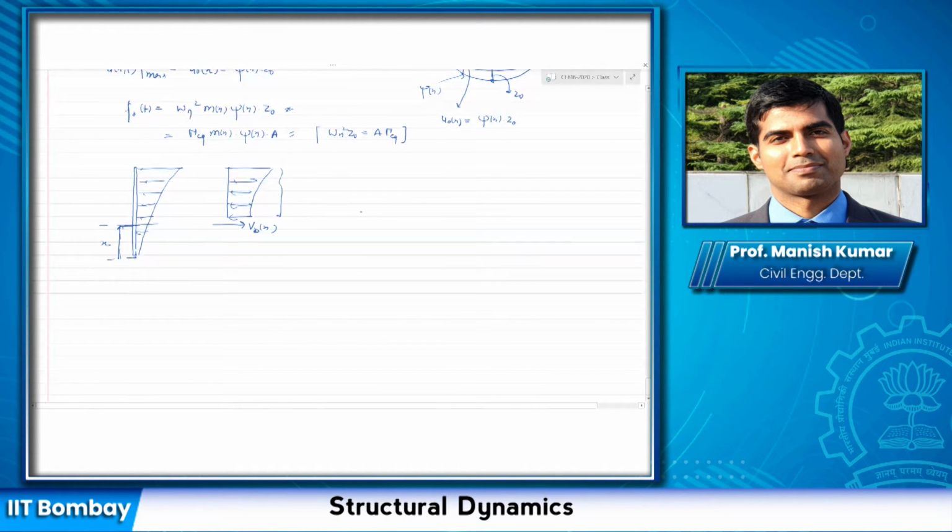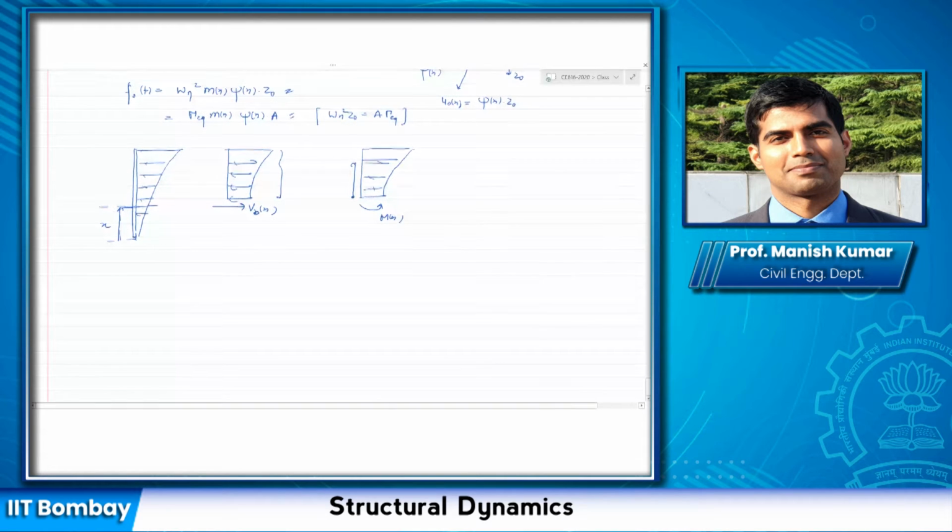I'm going to define a coordinate, let us say call it y, and I'm going to write down at this location what is my equivalent static force, which is, sorry, this is wrong here, this is not f of t, this is f of x. So I'm changing this coordinate because I need to find out my shear at a height x. I'm going to say this is my Fy here.